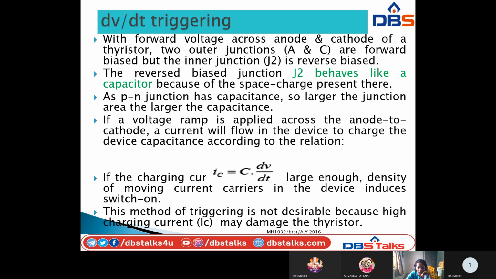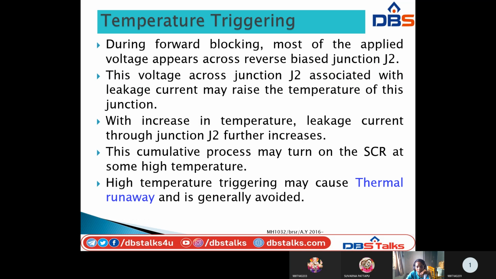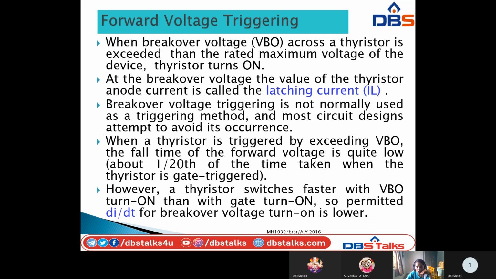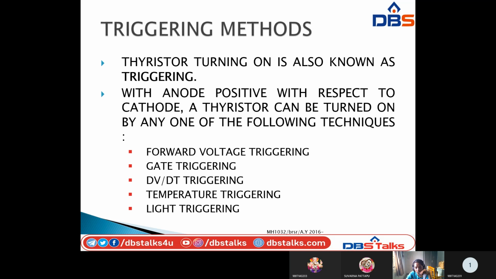Dv by dt triggering means that in the reverse biased junction J2, J2 behaves like a capacitor, so by the charging current we can turn on the thyristor. Temperature triggering means that in the reverse leakage current, some temperature loss will be there, so by increasing the temperature and the reverse leakage current, the SCR will be triggered.